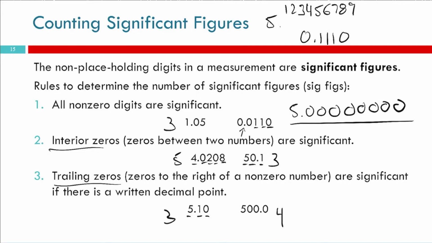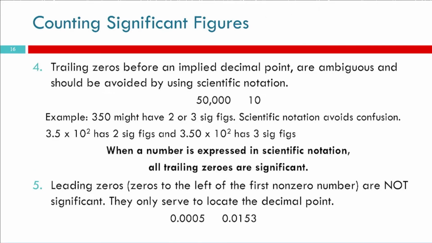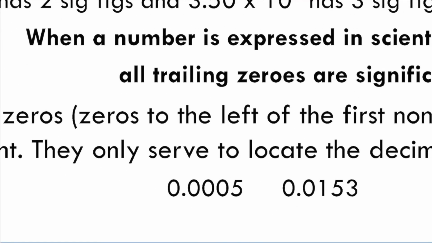Exactly. Yeah, I was going to get to this. That's the next slide. So trailing zeros before an implied decimal point are ambiguous. This is not exactly the point I was getting to. Like you were saying, if we skip down here a little bit, we have 0.0005.